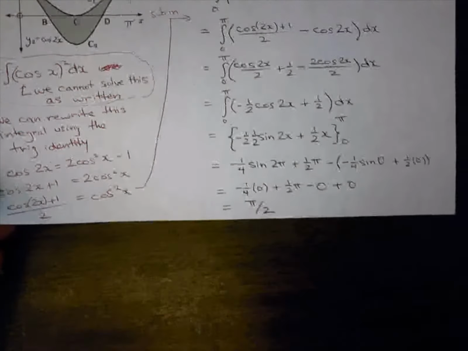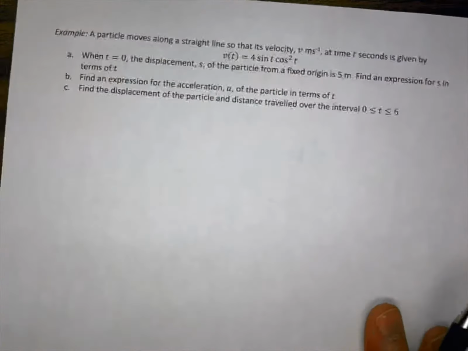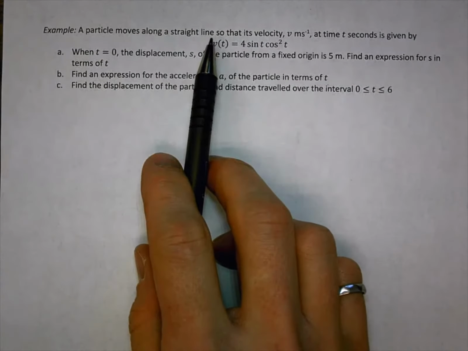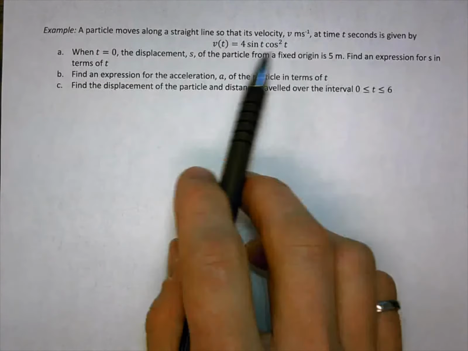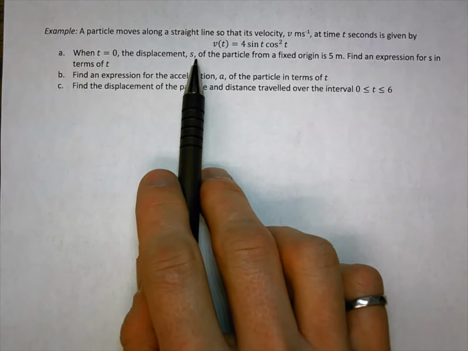Okay, so that is a little review of finding the area between 2 curves. Classic integration thing. For our last question, we'll be looking at motion. So I have a particle that moves along a straight line, so its velocity is given by this function. When t equals 0, displacement is s.